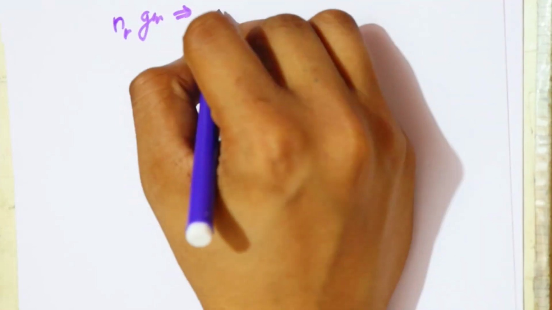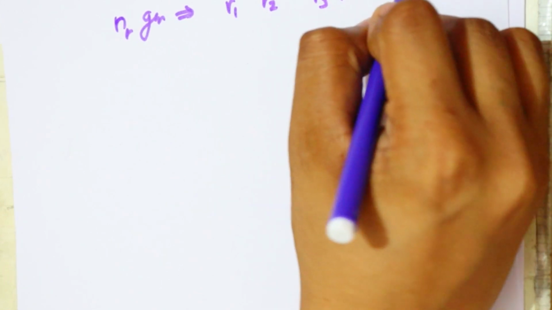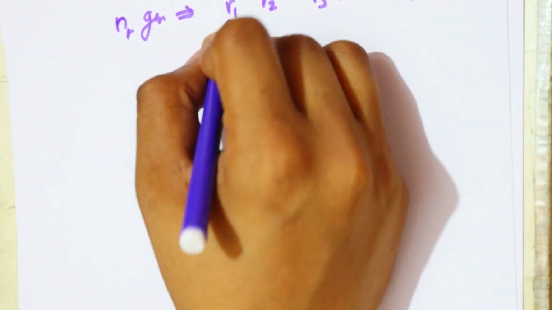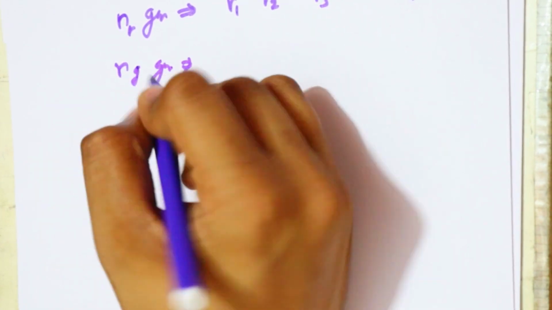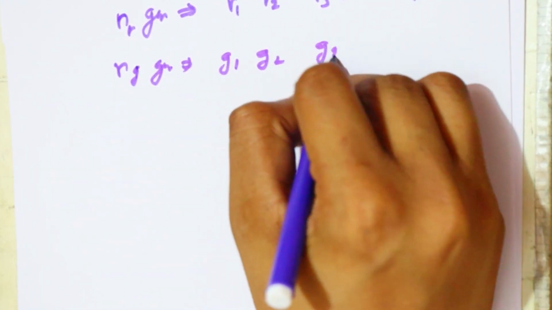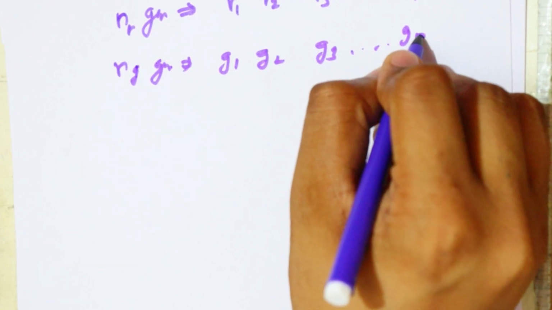Now you will ask, Aryan, how should I approach it? So I should explain it better. If we have NR red gems, suppose their weights are R1, R2, R3 up to RNR. For the NG green gems, suppose these are G1, G2, G3 up to GNG.